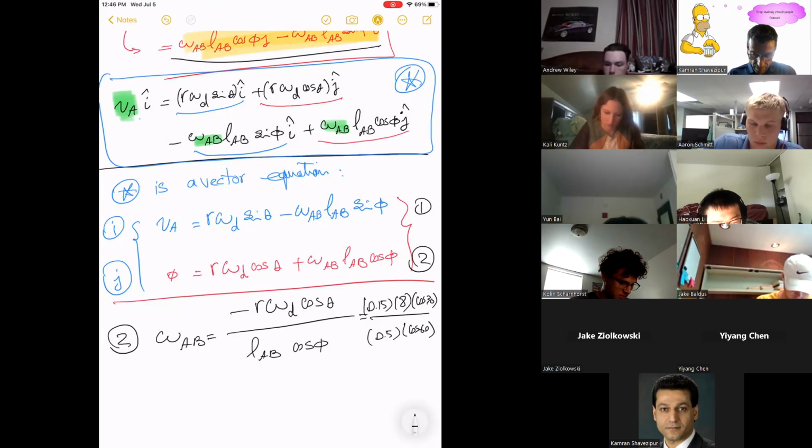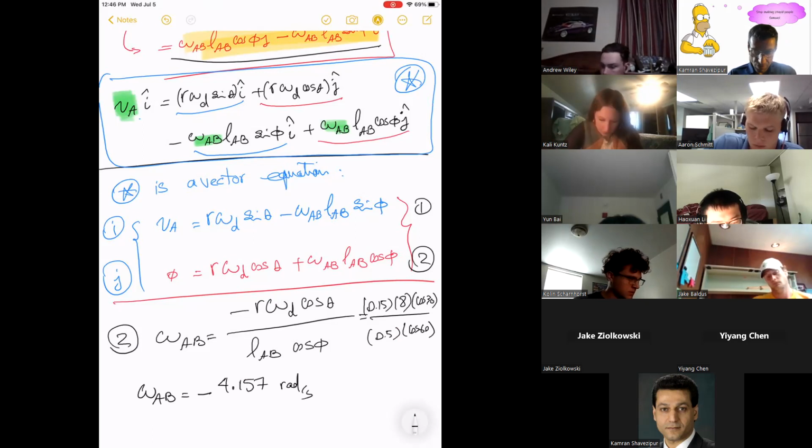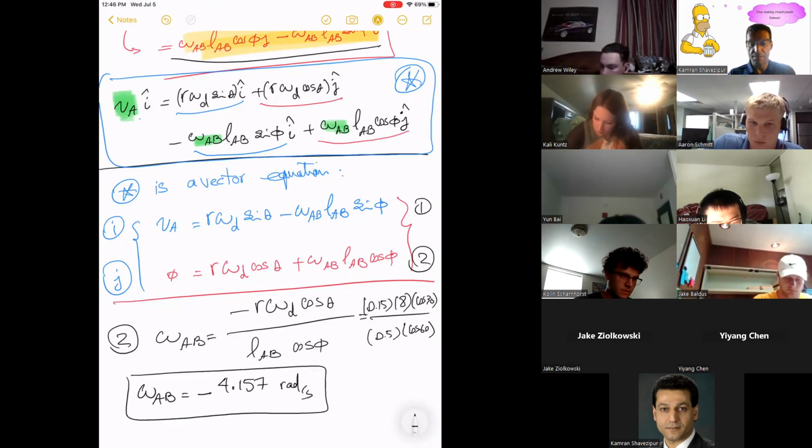So your omega AB is going to be minus 4.157 radian per second. What does minus mean here?